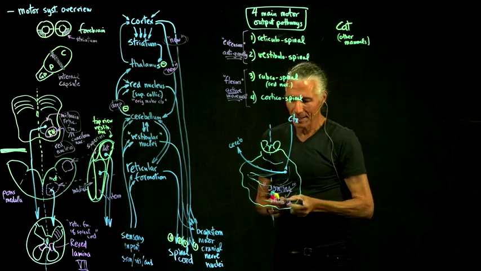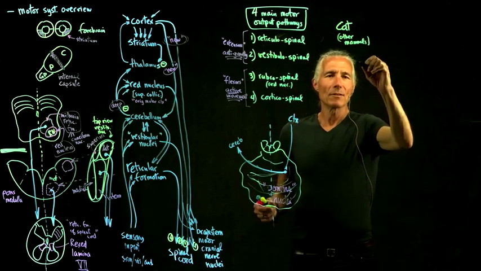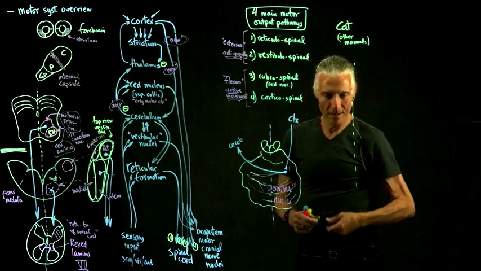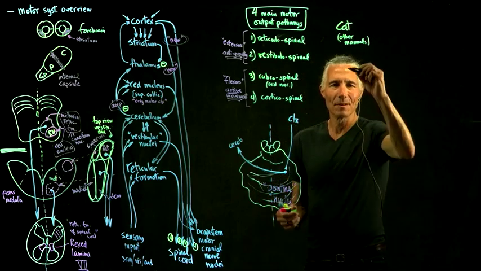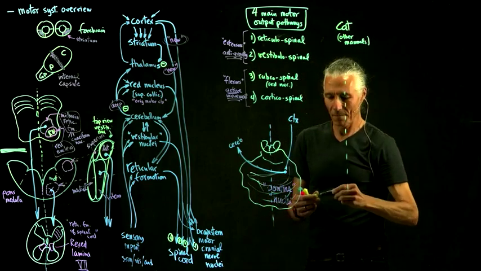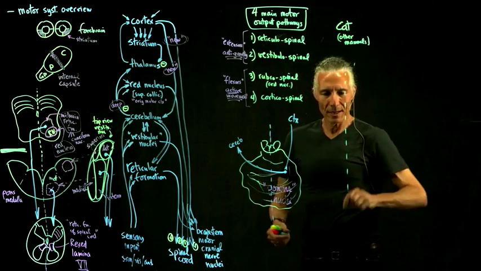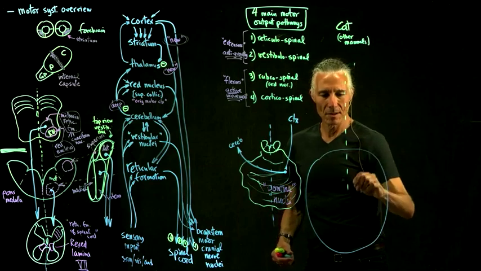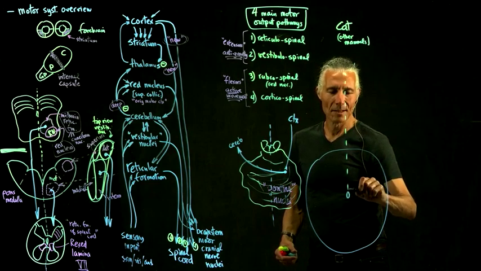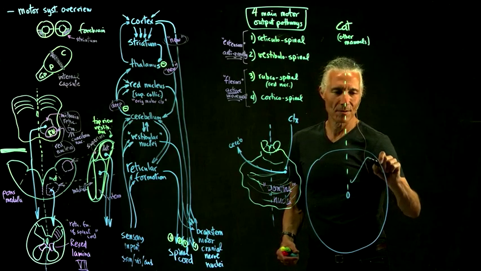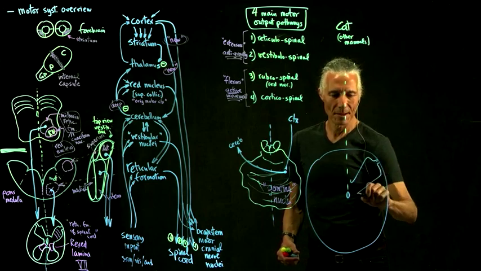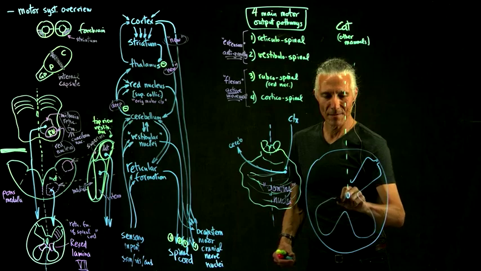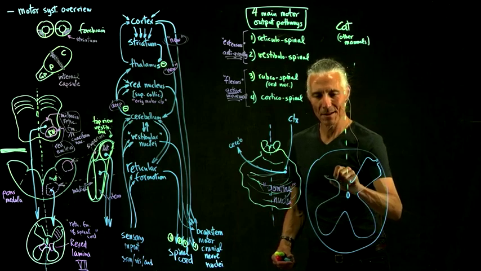What happens is, if we draw the midline here, and here's the spinal cord down here, so we draw a nice big spinal cord. It's got the ventricle and the dorsal horn and the ventral horn, and then the lamina 7 of Rexed in the middle there.